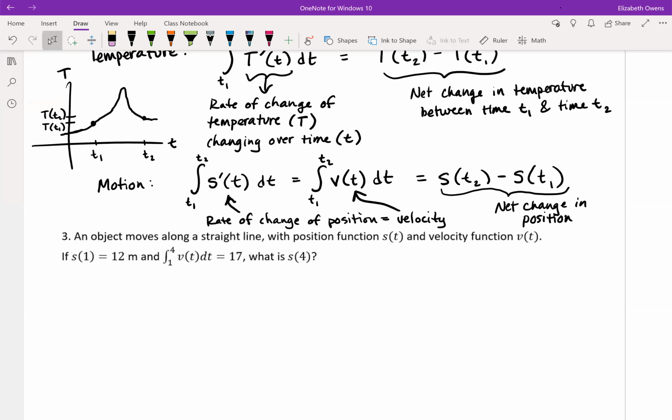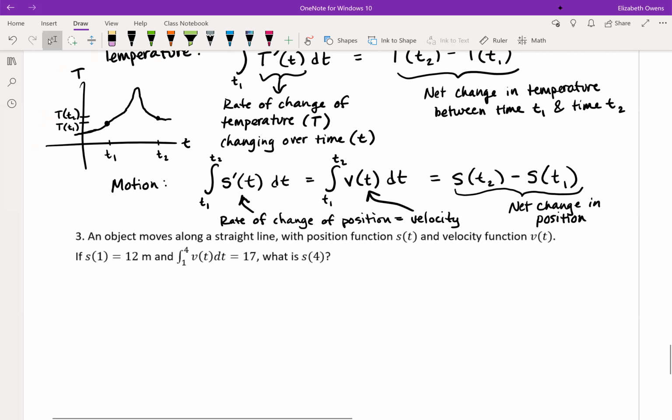Okay, so this integral right here is giving us a net change in position. So we're integrating that velocity function. So this is net change in position. That's the 17 there, 17 meters looks like our unit is.